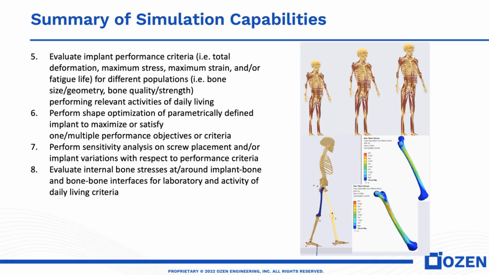And in addition to that, you can evaluate implant performance for different population groups. As you see in the upper right-hand corner, shorter people or taller people. And also, you can look into different patient-specific bones, different bone strengths. And then you can perform shape optimization if you can specify your implant parametrically, which these days is very doable. You can do the optimization based on different parameters.